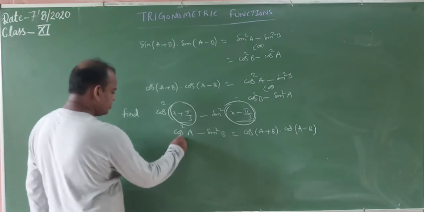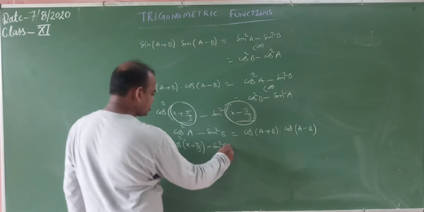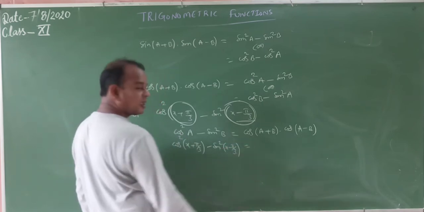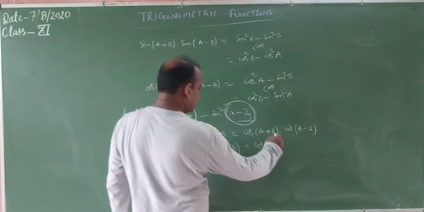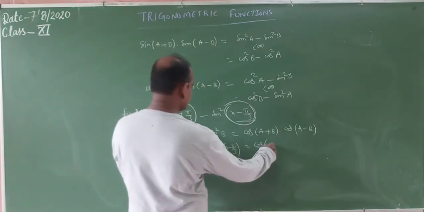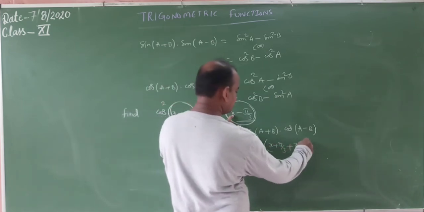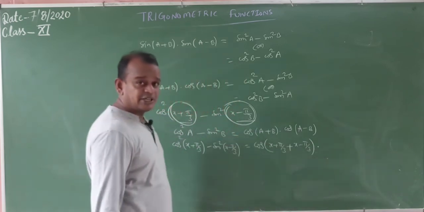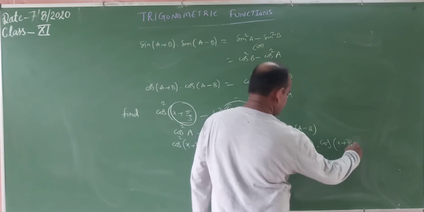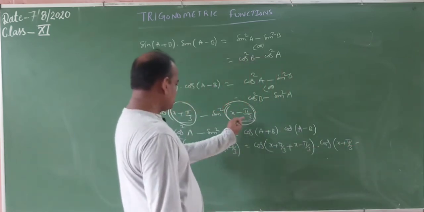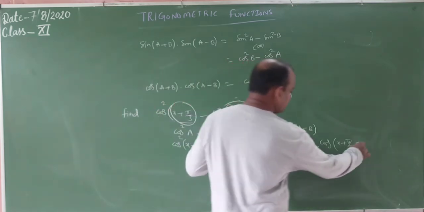Cos square of x plus pi by 3 minus sin square of x minus pi by 3 is equal to cos of A plus B, with A value x plus pi by 3 plus B value x minus pi by 3, into cos of A minus B. Minus B means minus x plus pi by 3.